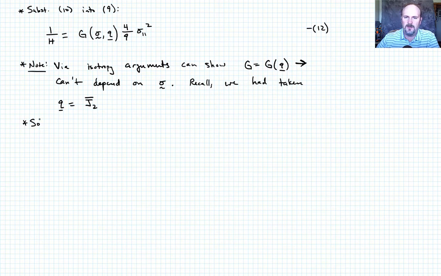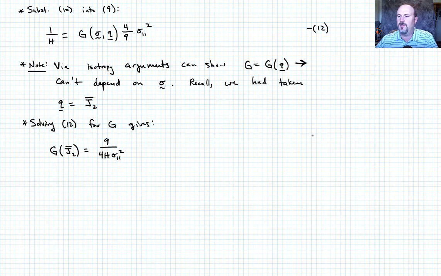Solving equation 12 now for G gives the following, and we're making use of the note that G is now a function only of J2 bar, an internal variable that we're going to track. It is equal to 9 over 4H times sigma 1,1 squared. Call that equation 13.